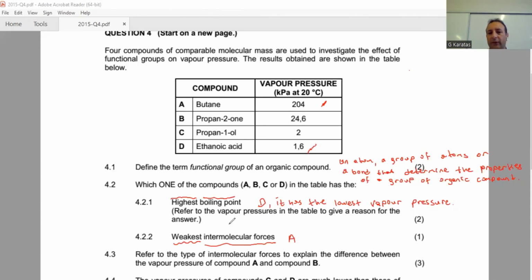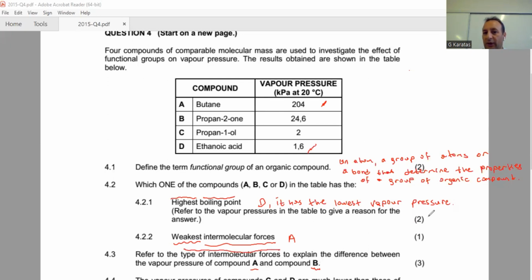Refer to the table, refer to the type of intermolecular forces to explain the difference between the vapor pressure of A and the vapor pressure of B. We need to refer to the type of intermolecular forces.